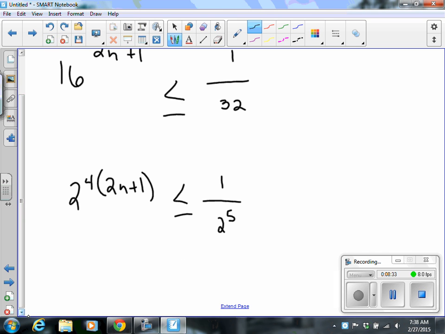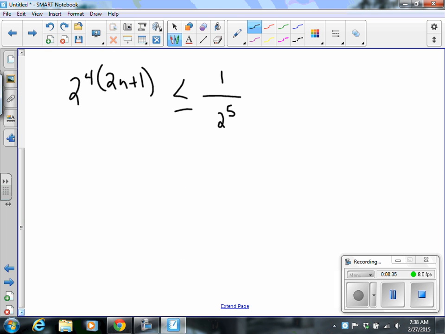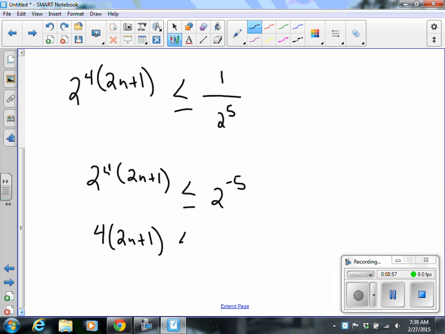And if you want to get rid of the fraction, it's really 2 to the negative 5th. So I have 2 to the 4th times 2n plus 1 is less than or equal to 2 to the negative 5. Well, like our last example, I can cut out that 2. So I have 4 times 2n plus 1 is less than or equal to negative 5.